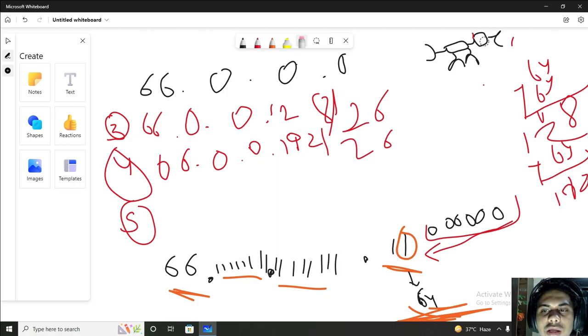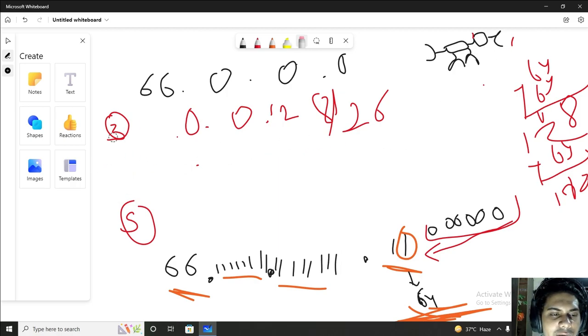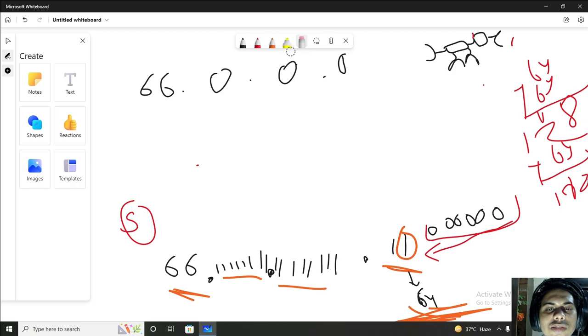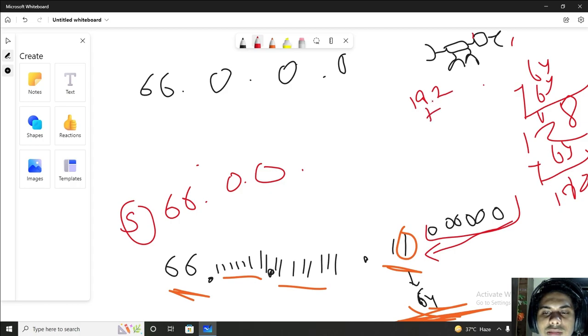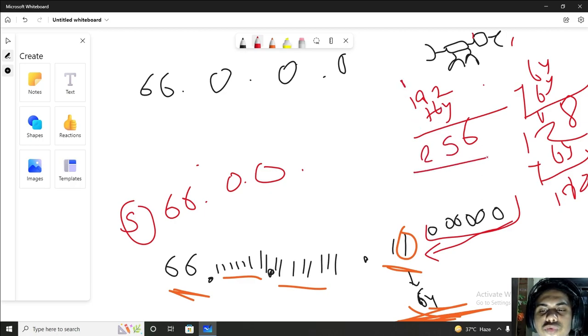Now you can see there are two areas left where I want to give IP addresses. So now 66.0.0, I have to add 64 again to 192, which gives 256.